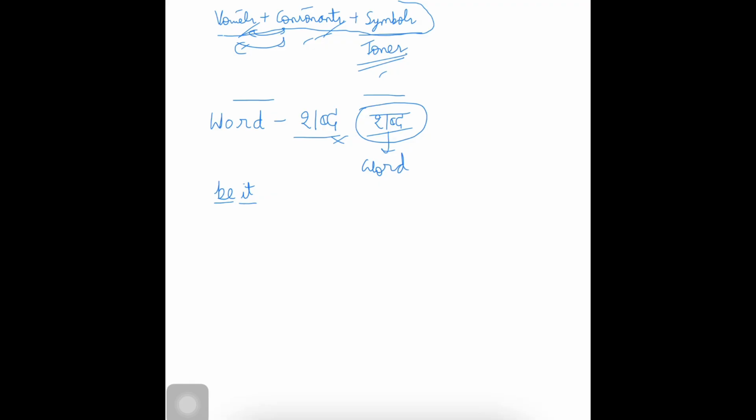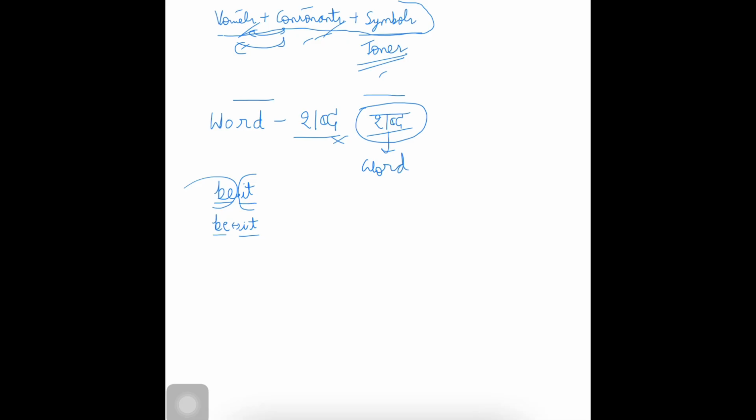Here I have joined B and E together and I, T together, and then a little gap between these two words. On the other hand, some people do not join the individual alphabets. They sometimes write B E and then I T. Here the only way to recognize that "be" is a different word and "it" is a different word is the spacing between these two words.